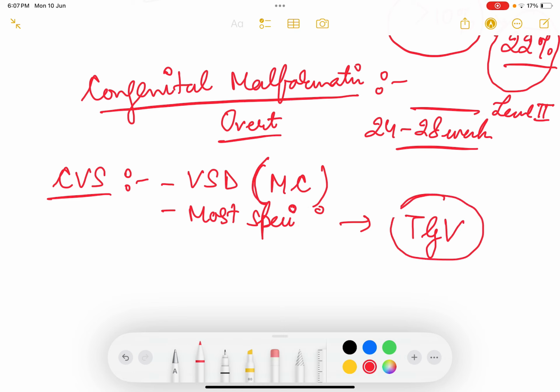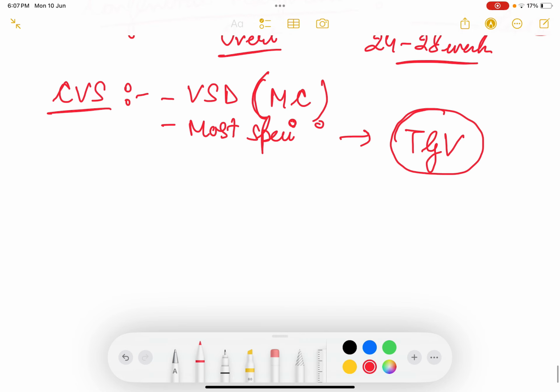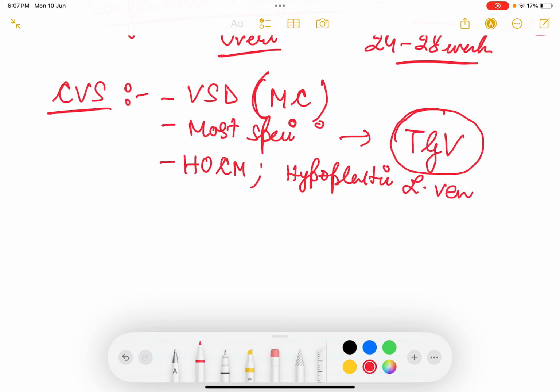Transposition of great vessels is the most specific, whereas VSD is most common. So this is very important. Apart from that, you also have HOCM, hypertrophic cardiomyopathy, and also hypoplastic left ventricle. Hypoplastic left ventricle is also found in patients or in infants of diabetic mothers. Okay, so these are the cardiovascular system.